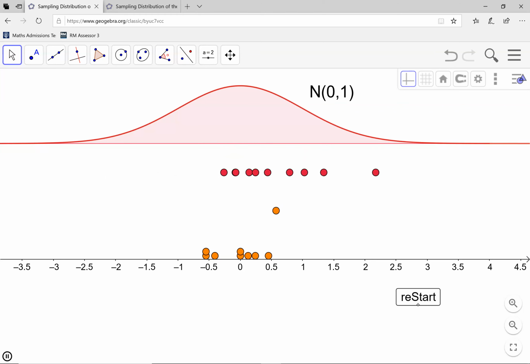On this one, notice just by chance, there are a lot on the right hand side. But the effect of taking the mean of a sample size of 10 is that the extremes are kind of taken out.